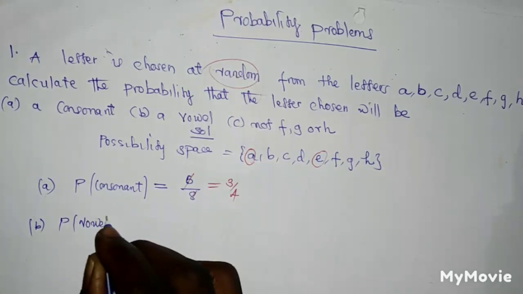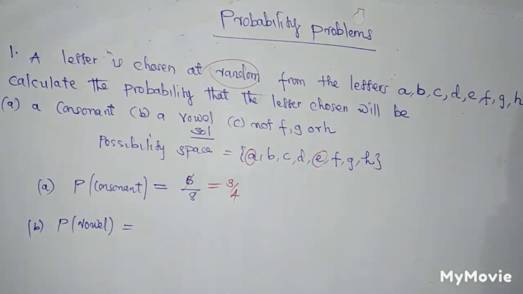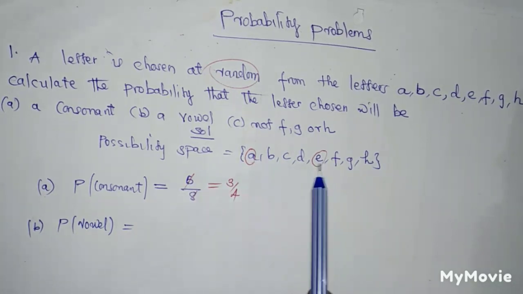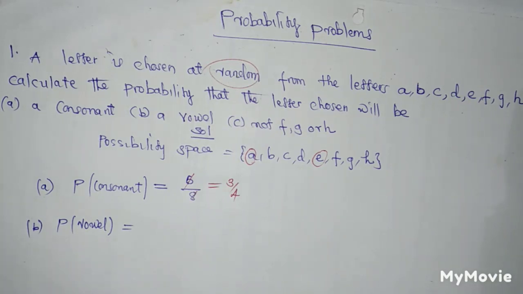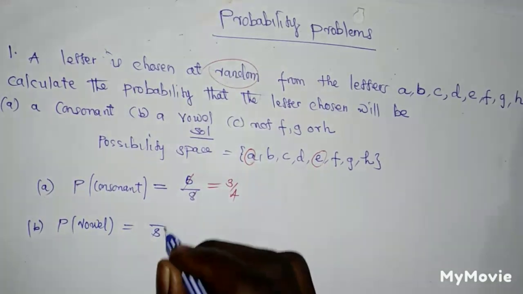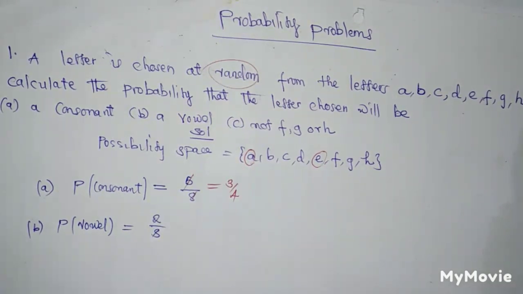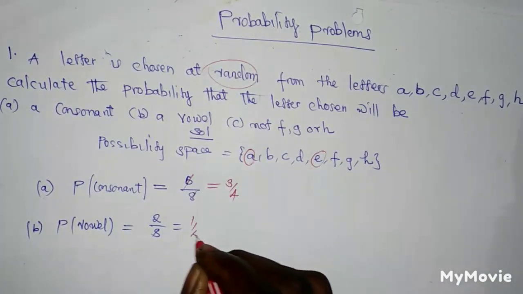Okay, now B, a vowel. The probability that the letter we choose at random is a vowel. As we can see here, how many vowels do we have? It's just 2, A and E. We said previously that the rest are consonants. So out of 8 outcomes, the chances of us picking a vowel is 2, which is reduced to 1/4.